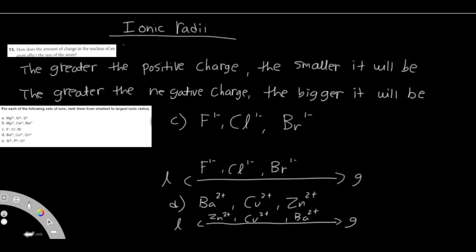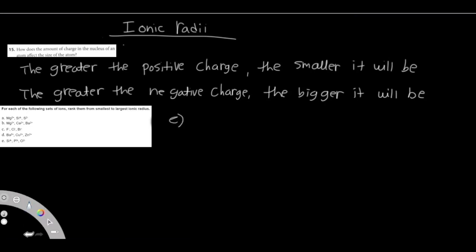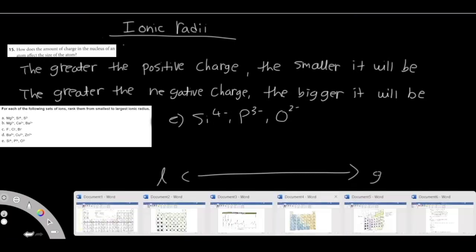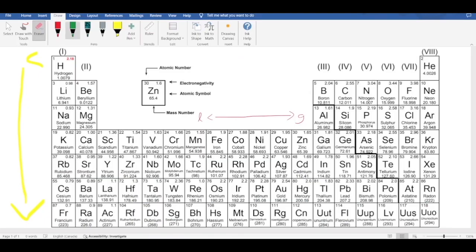Now let's do the last one, E. We have Si4 minus, P3 minus, and O2 minus. Let's put a scale here, least to greatest. If we look at our periodic table, we have Si4 minus up here, phosphorus 3 minus, and oxygen 2 minus.